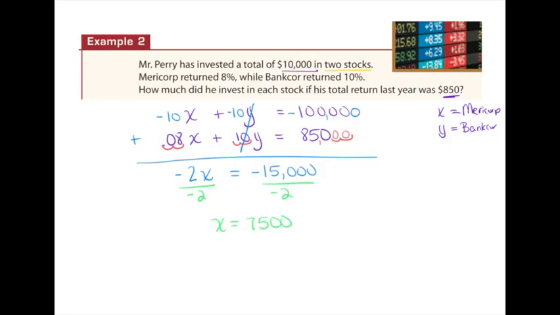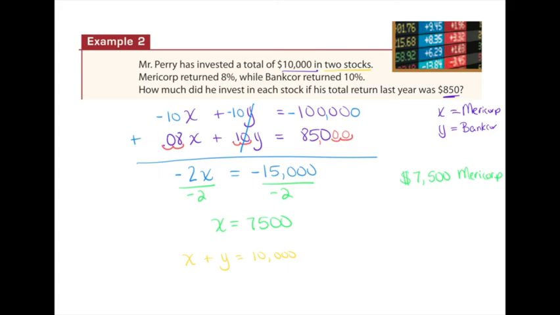Well, that told me how much stock he put in AmeriCorps. So I'm going to say 7,500 was in AmeriCorps. Well, if he invested a total of 10,000, I can go back to my original problem. It was X plus Y equals 10,000. If he invested a total of 10,000 and 7,500 was in AmeriCorps, how am I going to solve for what was left?